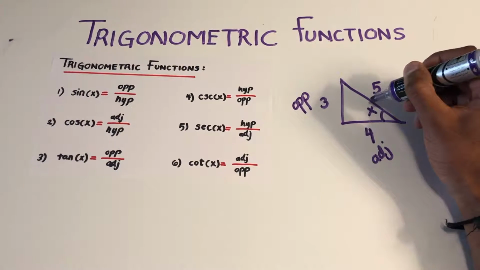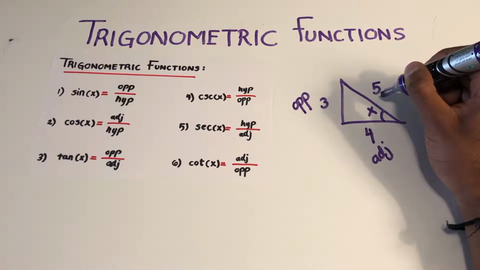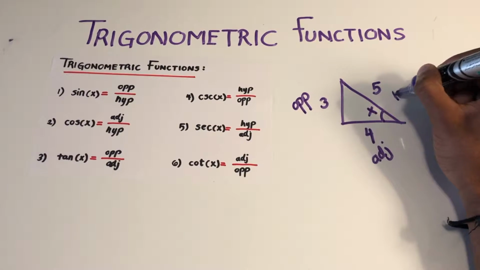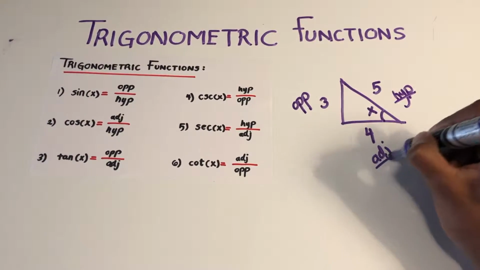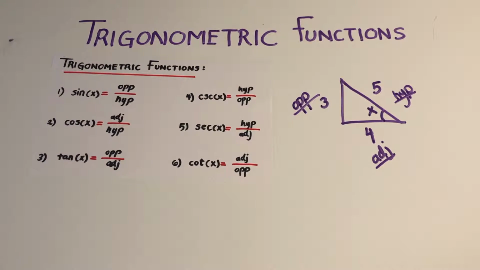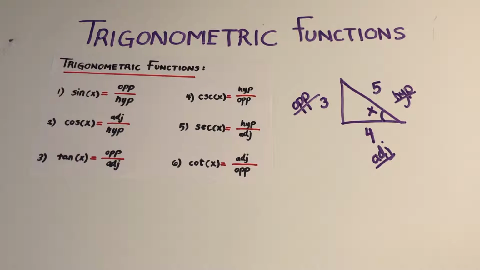And then the hypotenuse, in this case, is going to be 5. Now, since we labeled each side and we know each length, now we can proceed with the trigonometric functions. Now, we're asked to find the trigonometric functions, all 6 of them, using this right triangle.